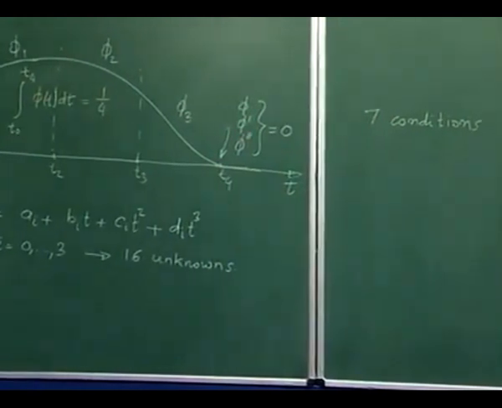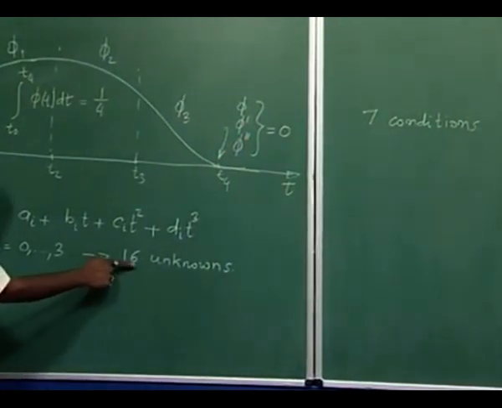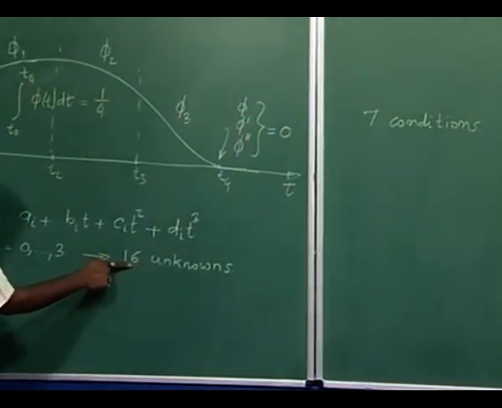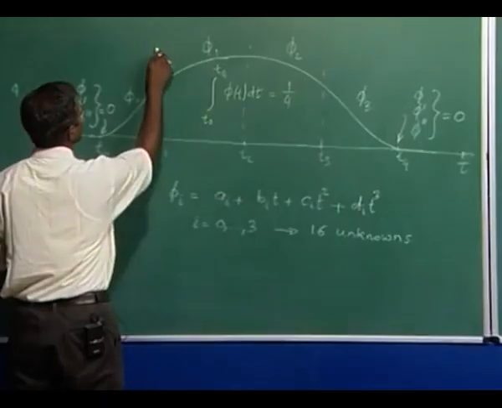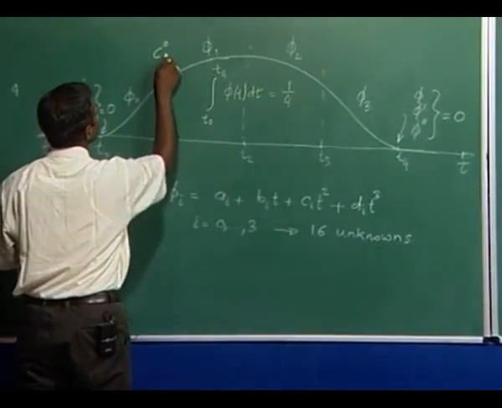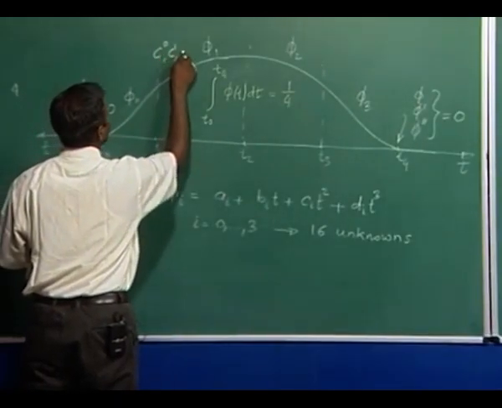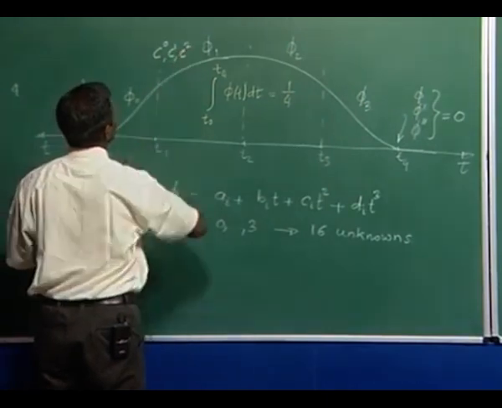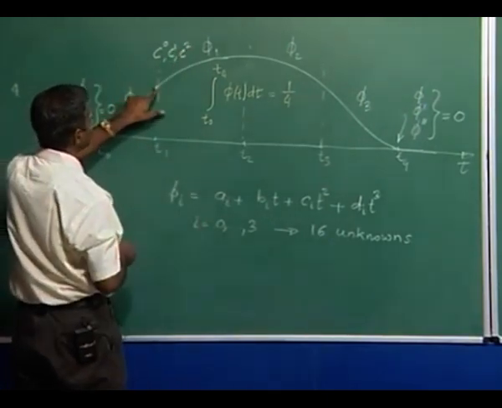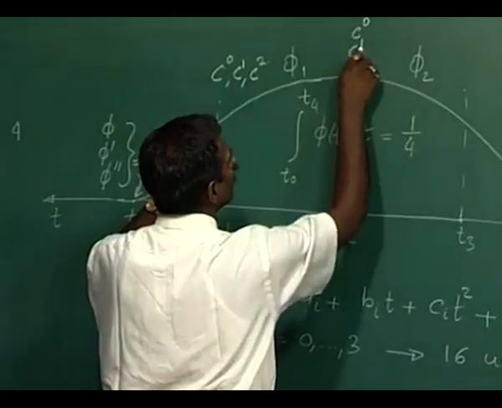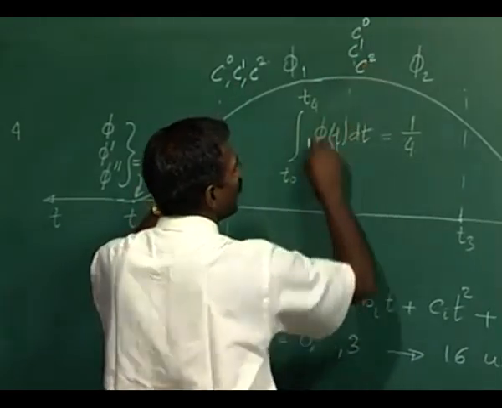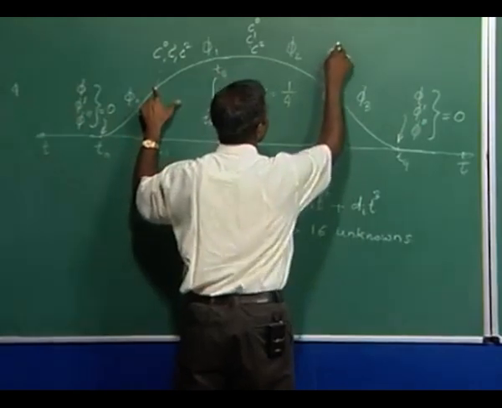How about the rest of the conditions to be able to determine all 16 unknowns? Recall that we had used position, slope, and second derivative continuity conditions at this junction point, at this one here, and at this one here.